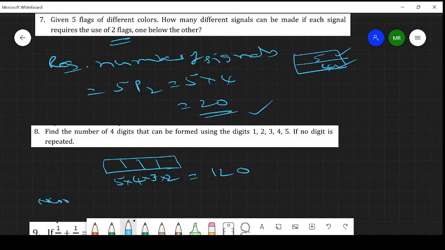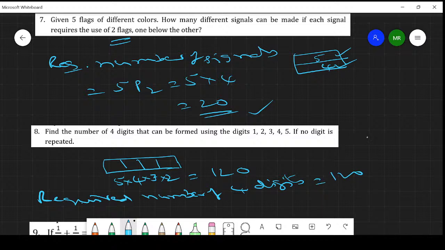Find the number of 4-digit numbers they are asking, so this is the required number of 4-digit numbers, equal to 120.